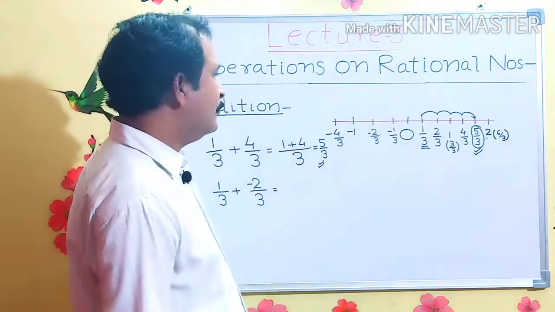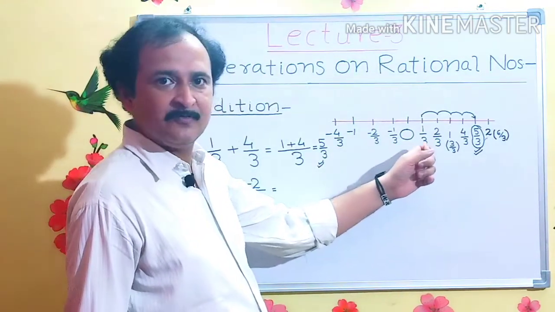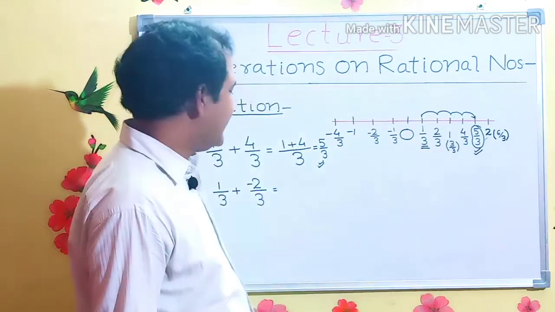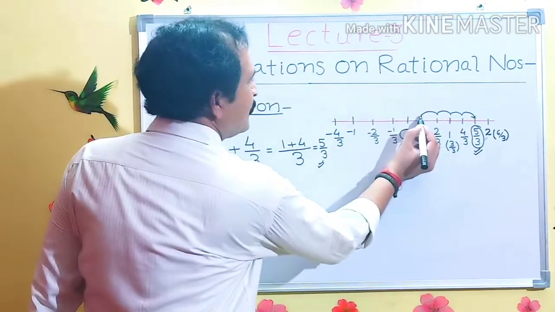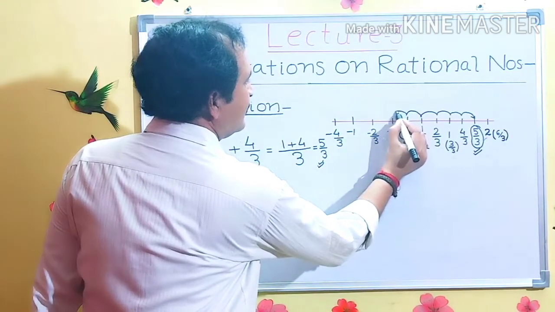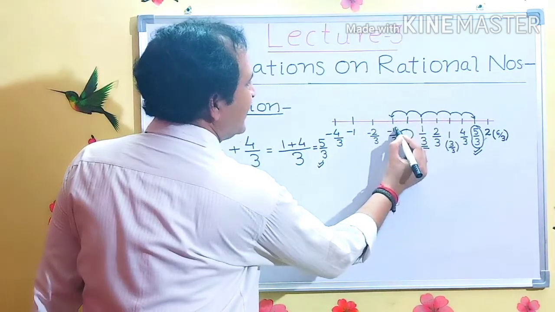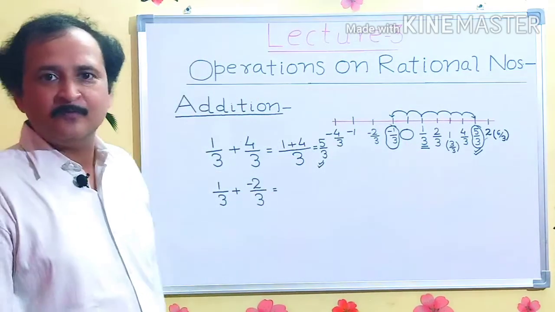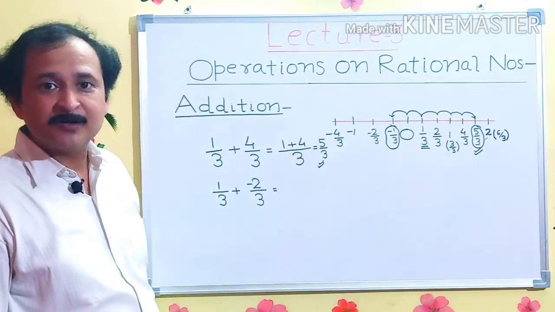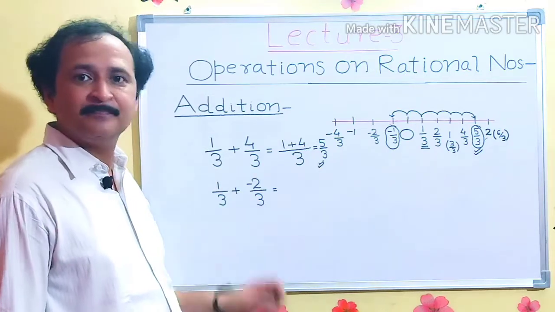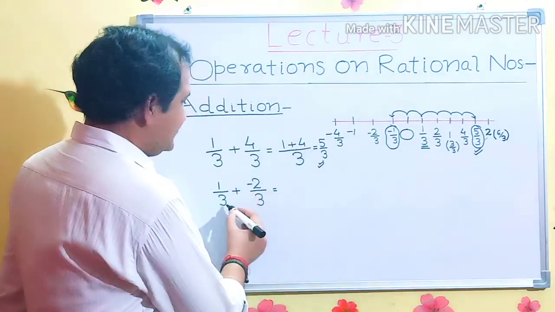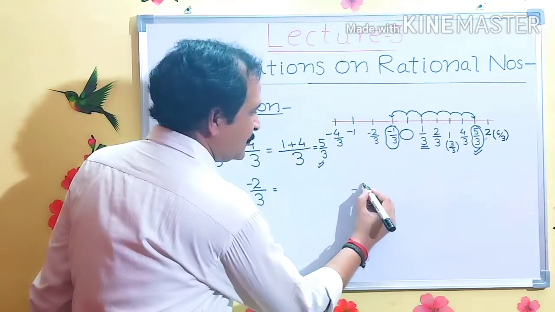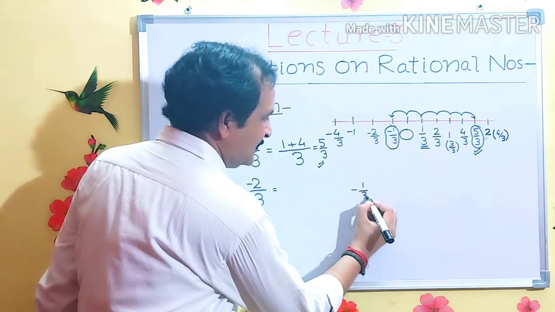So if we move 2 times 1 by 3 from point 1 by 3, then we reach the point 1 by 3 minus 1 by 3, which is the solution of this problem. So 1 by 3 plus minus 2 by 3 must be equal to minus 1 upon 3.